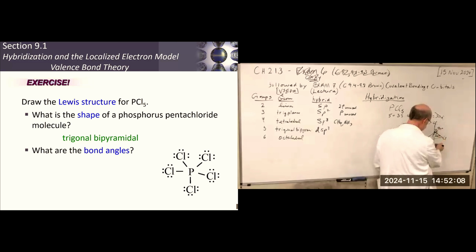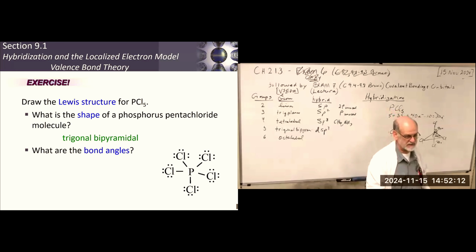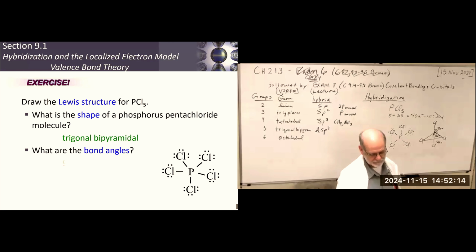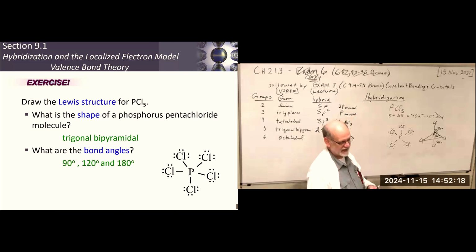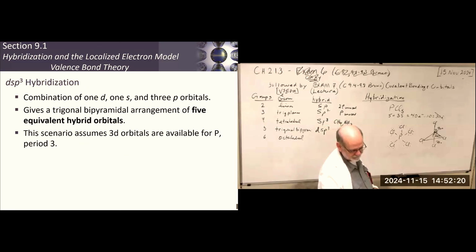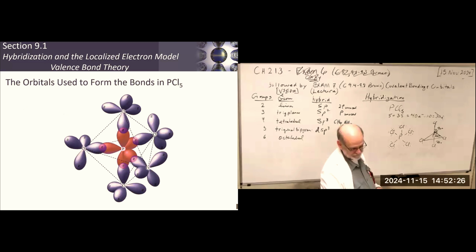And then from this one to this one is 180 degrees. So you have those 3 possibilities, 90, 120, and 180. Different bond angles. There it is. dsp3 hybridization. And that's an artist's attempt at showing the bonding.